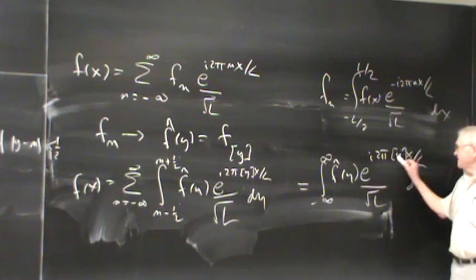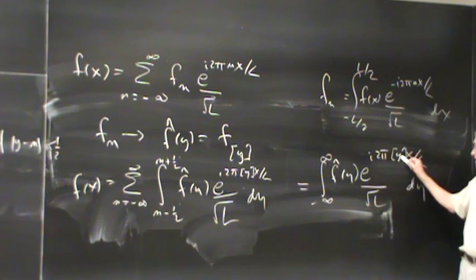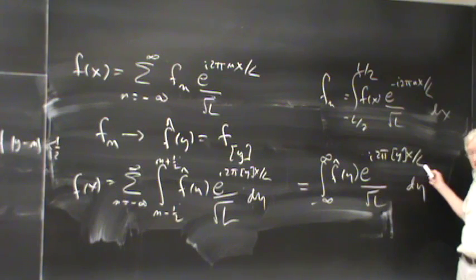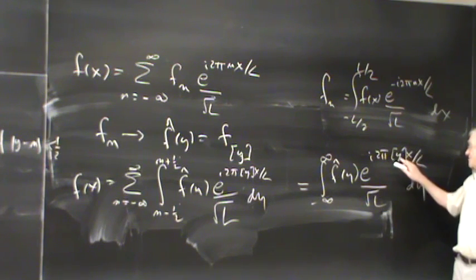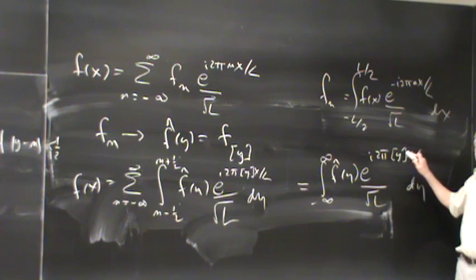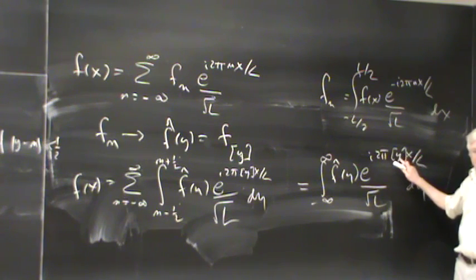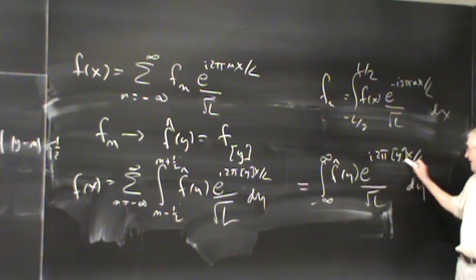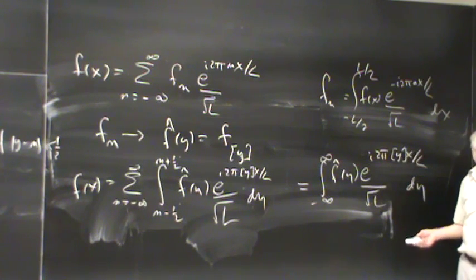Now the point is that since y appears divided by big L, and we're taking the limit as big L goes to infinity, the difference between y and the nearest integer to y, divided by L, is ignorable. It's trivial.